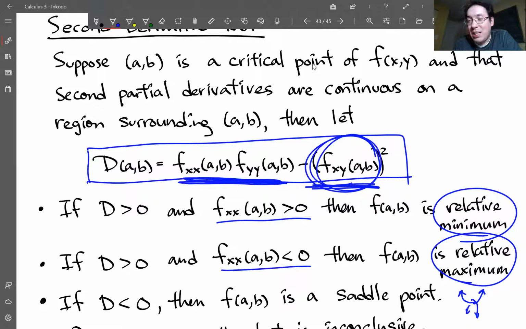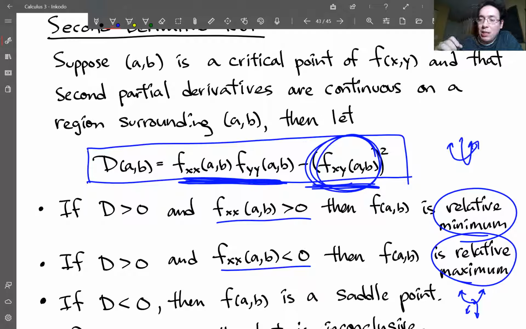If they disagree, then there's no hope, right? If they have opposite signs, then the product is negative, and you're subtracting even more from it, so it's going to be negative. It's a saddle point. Okay. So what does it mean when the sign is the same? That means it's concave up in the x direction and concave up in the y direction.